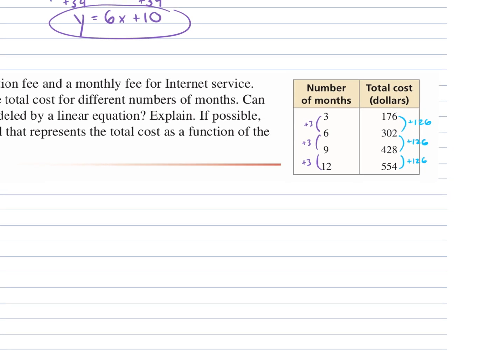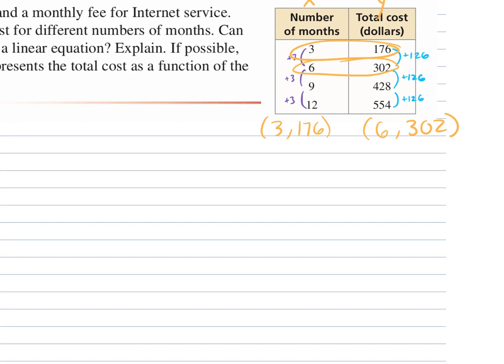So just like I did before, number of months is going to be my X, total cost is my Y. So I'm just going to pick 2 points. What would my first point be? 3, 176. My second point? 6, 302. So just pick any 2 points on our table, and we're going to do the same thing we've been doing the whole time.